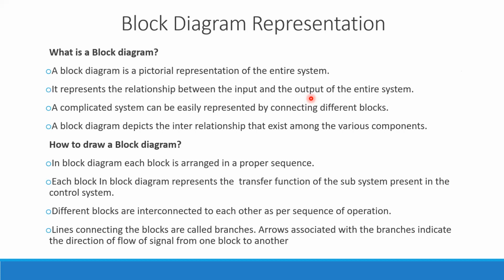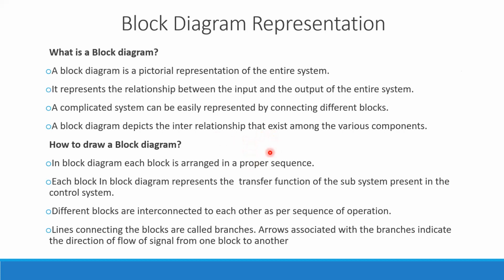Say there is one potentiometer, one heating coil, and then the feedback system, and the whole thing is assembled in a specific sequence. So a complicated system can be easily represented with the help of blocks, and a block depicts the interrelationship that exists among the various components.